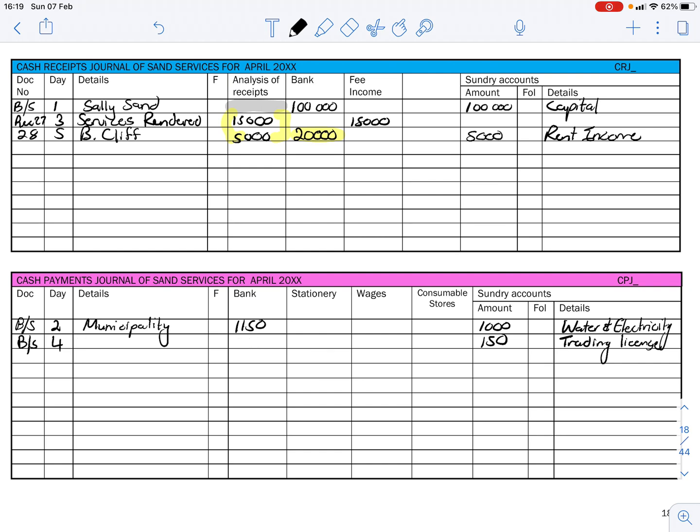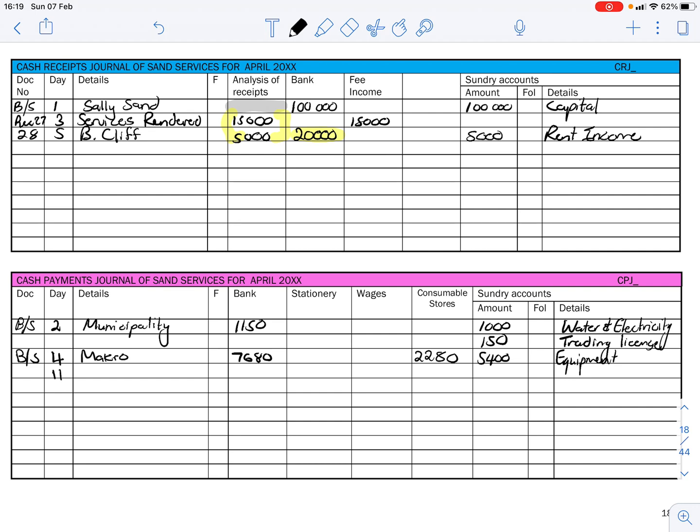Sorry, I've put it in on the wrong line. So if we go down, we have on the 4th, our bank statement, we are paying Macro a total of 7,680 Rand. 5,400 Rand is for equipment. And the remainder, which is 2,280 Rand for consumable stores.